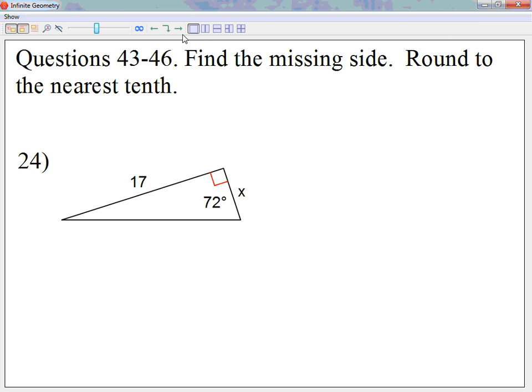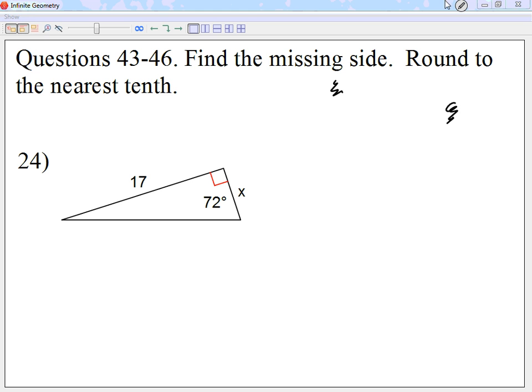Now here it says find the missing side, round to the nearest tenth. So we have to see what sides we have. Let me see, this thing just froze for a minute. So I'm only going to give you guys two sides. You have to figure out which two sides I gave you. I'm waiting on this to unfreeze.